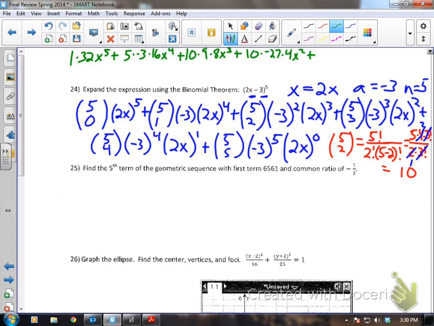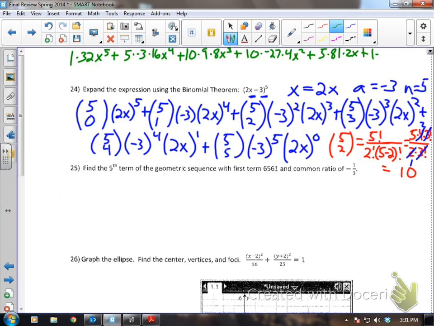Plus, and now I'm down to 5 taken 4 at a time. And when the number is 1 less than the top number, then it turns out to just be that top number. So it's 5. And again, you can work that out yourself to see what that is. So that's 5 times negative 3 to the 4th power, which is 81, times 2x to the 1st power, so 2x. Plus, and then 5 taken 5 at a time is just 1, times negative 3 to the 5th power, which is, I don't have my answer sheet here with me.